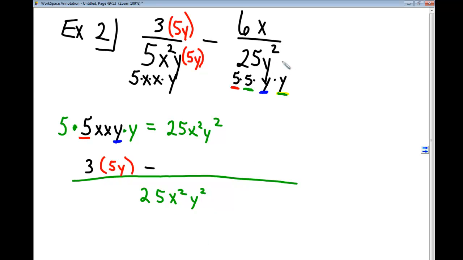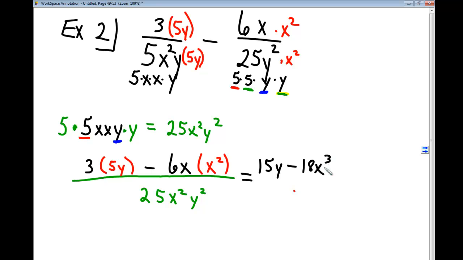Now we look at the next denominator. And I am missing an x squared. So if I multiply both top and bottom by x squared, that will take care of what is missing. Now we multiply this together, and we get 15y minus 18x cubed all over 25x squared y squared.